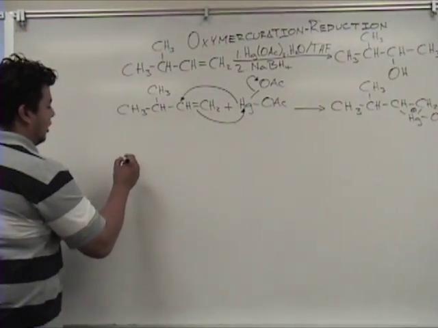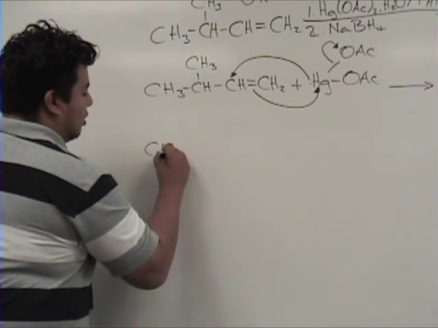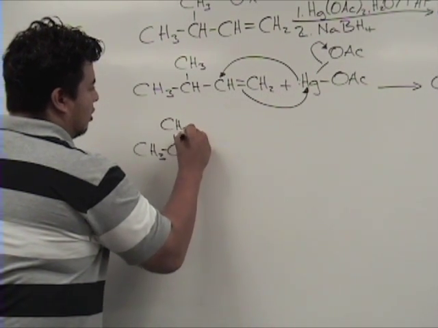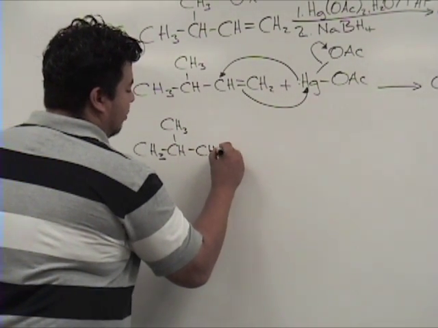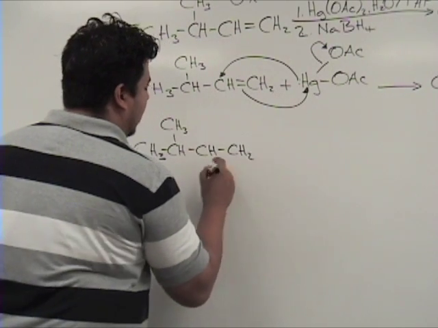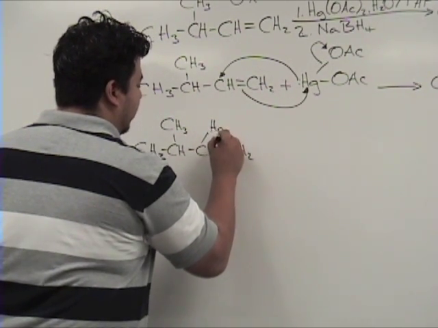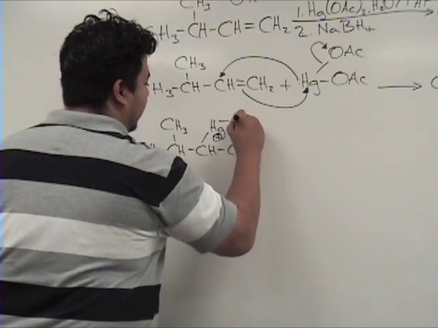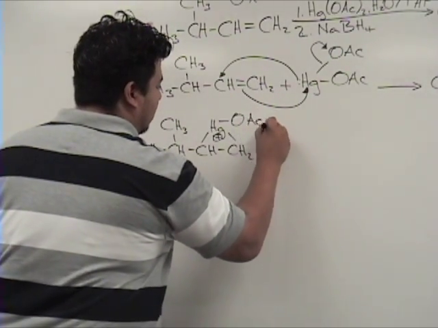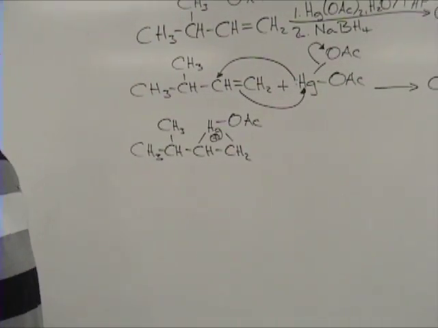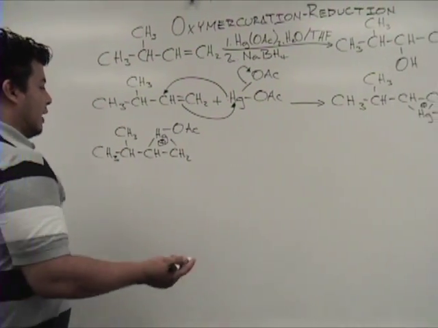We're going to copy it here. And then CH double bond CH2. And now we know that we have the cyclic structure right here with mercury and the OAc up here. Now we know that water in the presence of tetrahydrofuran comes into play.